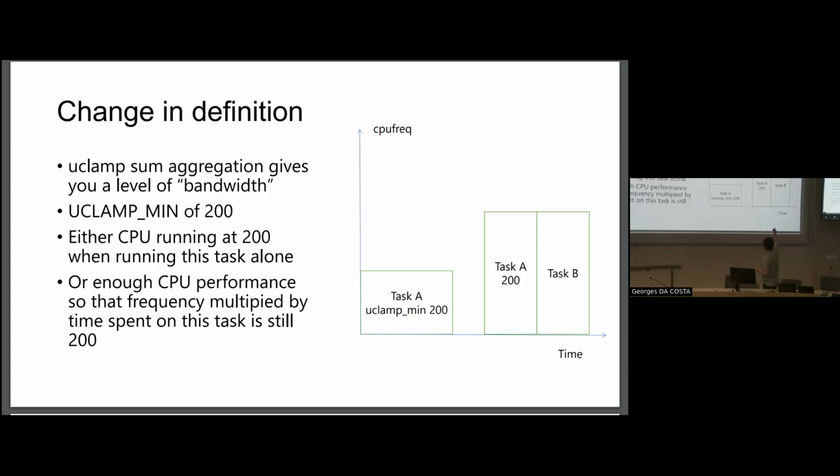If there's another task, task B, it will make sure that the frequency times the execution time is still 200. Because you are competing with task B, you're only getting half the CPU time. You actually get twice the frequency in this scenario.